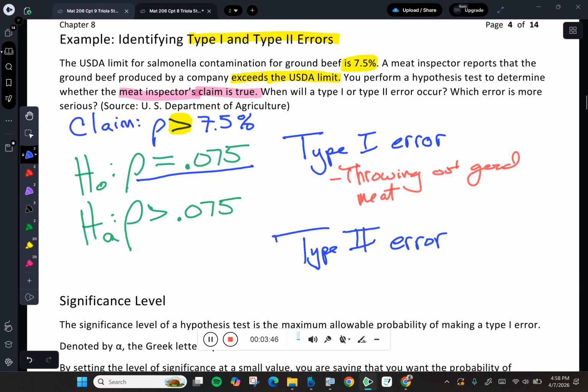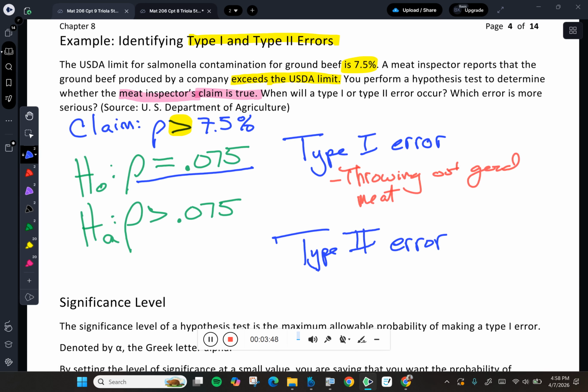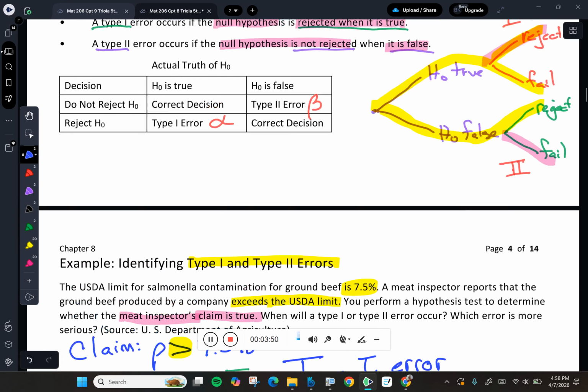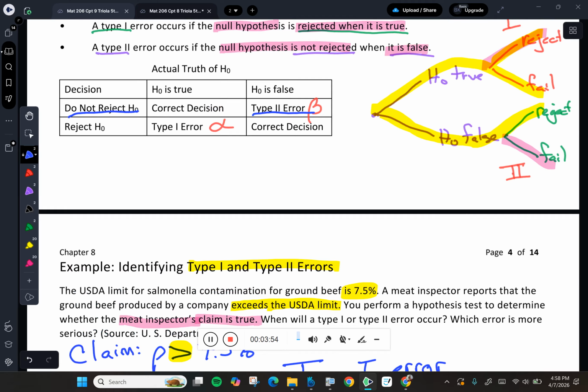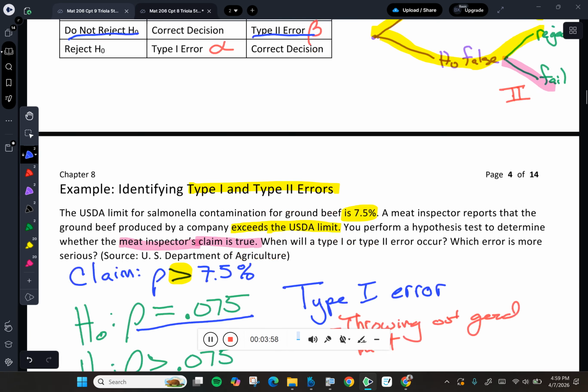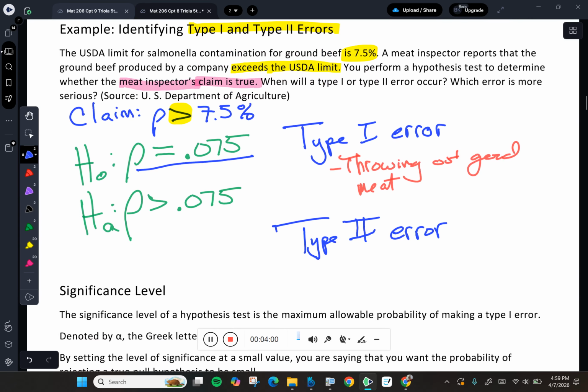Okay. Well, a type 2 error, that's where we fail to reject. Type 2 error is when we don't reject, we fail to reject, but the null hypothesis was false. So a type 2 error, the test said the meat's good because it fails to reject the null hypothesis, but the reality is the meat was bad.